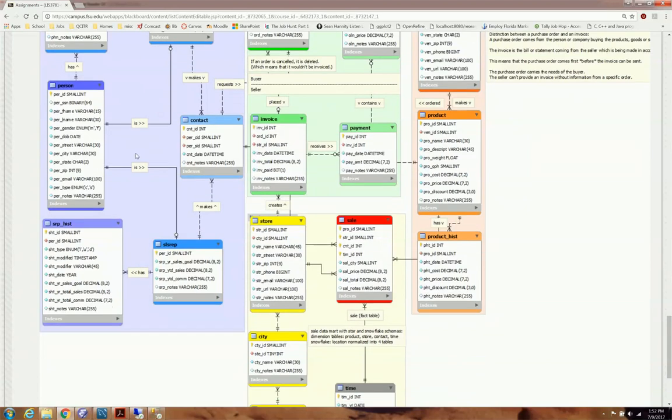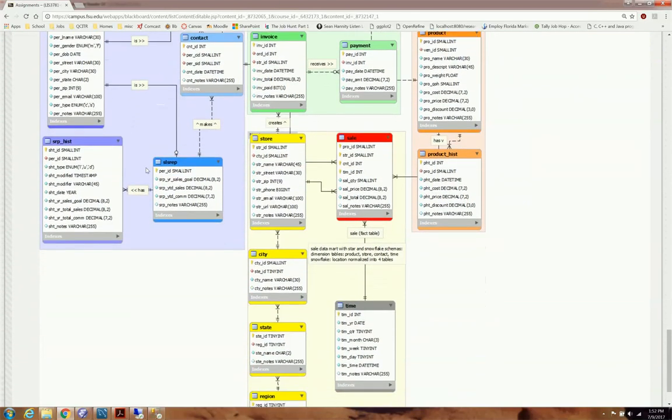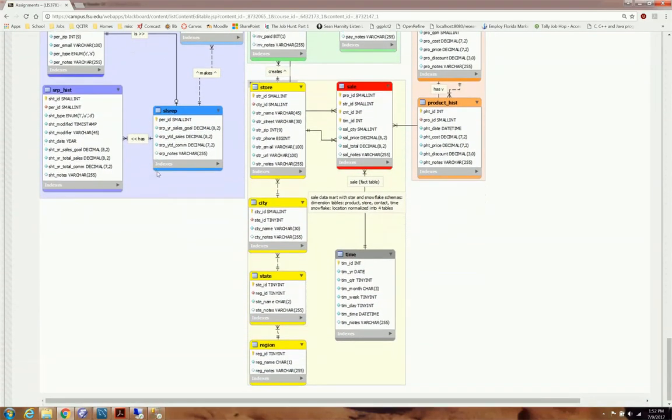Very similar. The difference here is in how we break down how we are actually creating this data mart for sale. Sale really here is the fact table.